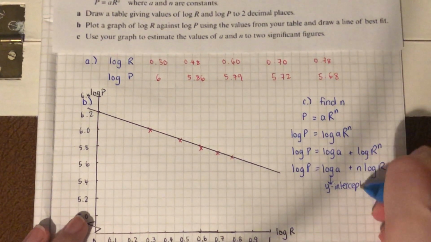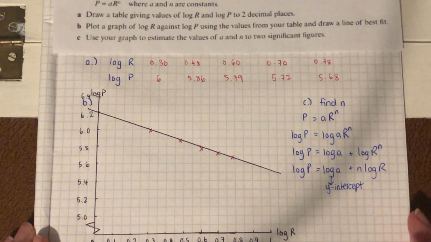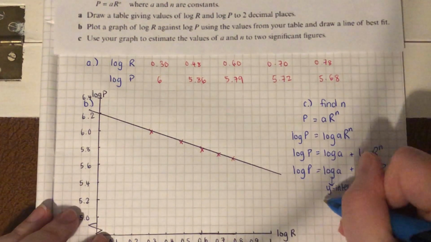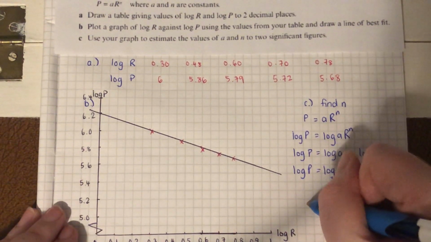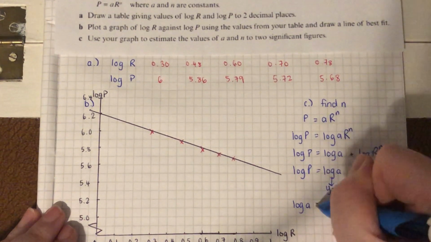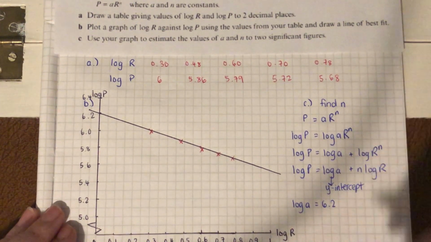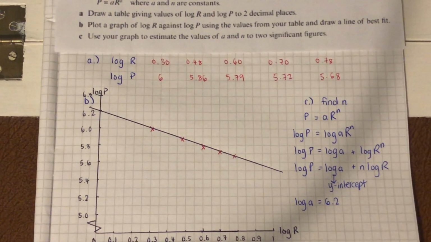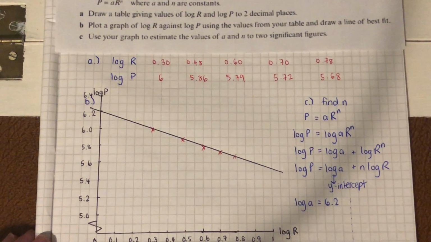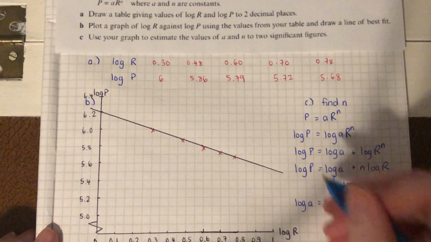okay? So looking at our graph, we can see that if we go along, it goes through 6.2, okay? So that means that our A, or log A, is going to be equal to 6.2, okay? Obviously, I'm just going to put a line down here. You'll see why in a sec. We need to find out what just A is, okay?